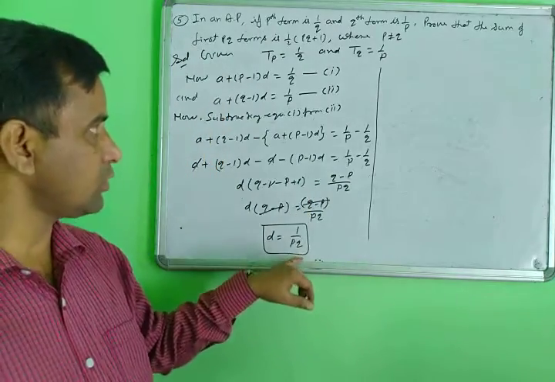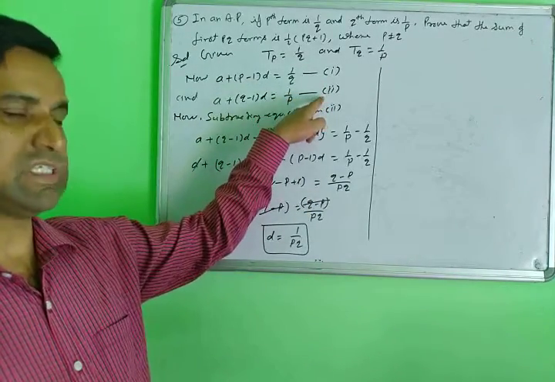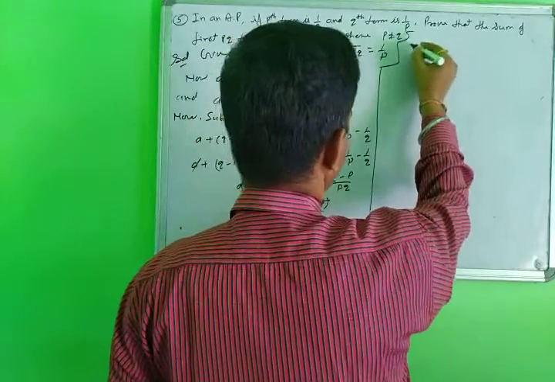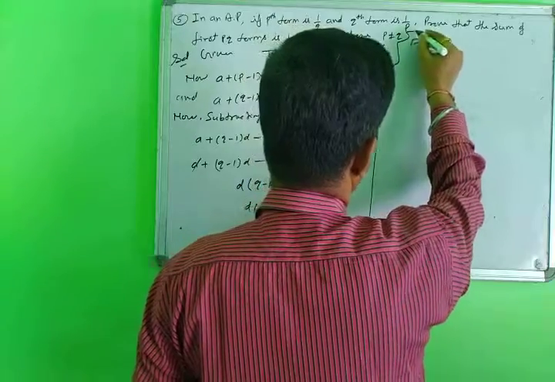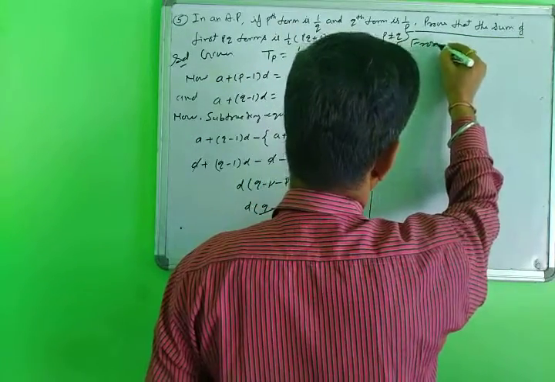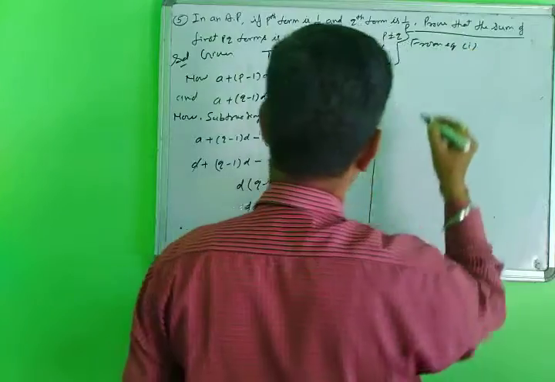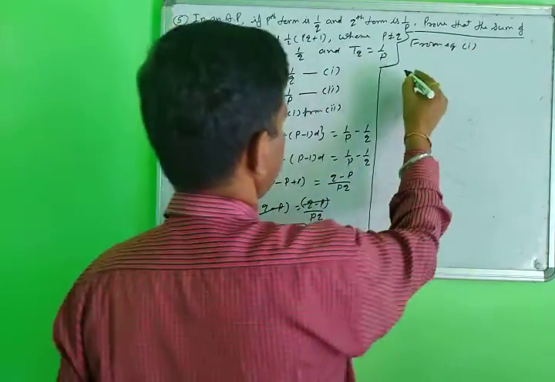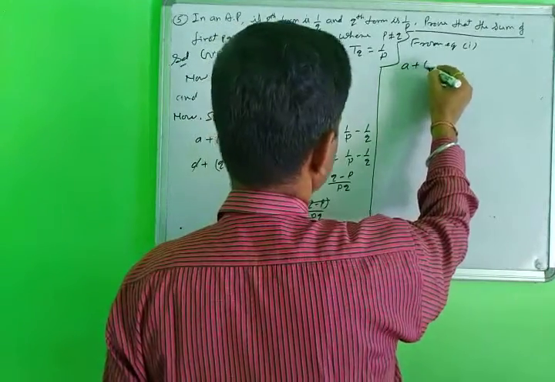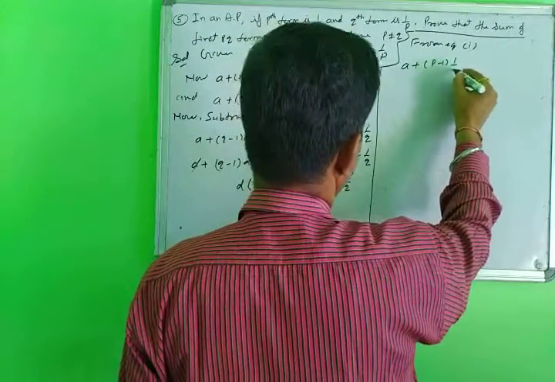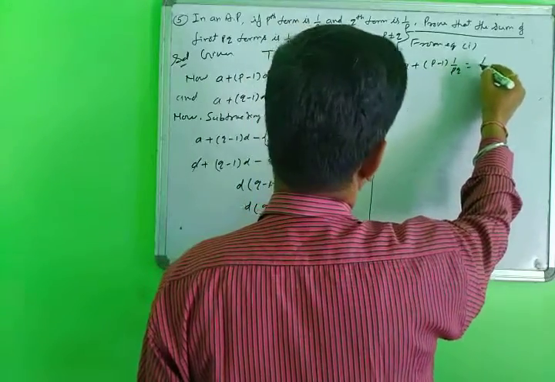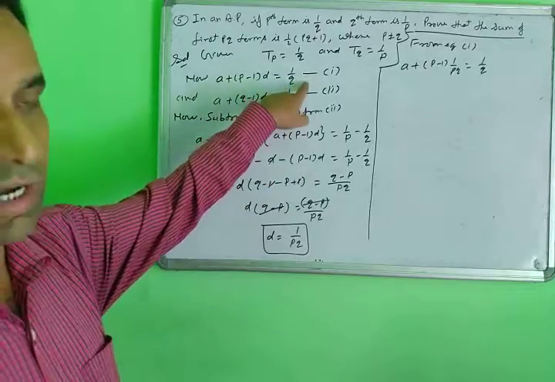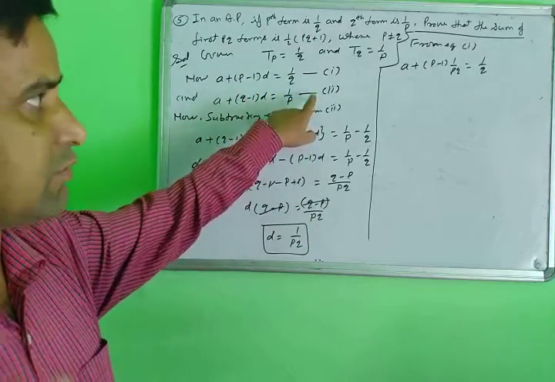So now from equation first, putting the value of d, what value comes here? a plus (p minus 1) into 1 upon pq equals 1 upon q. You can use equation first or equation second, any one.